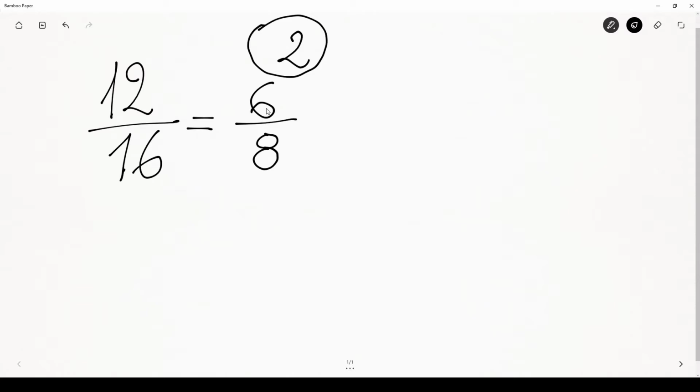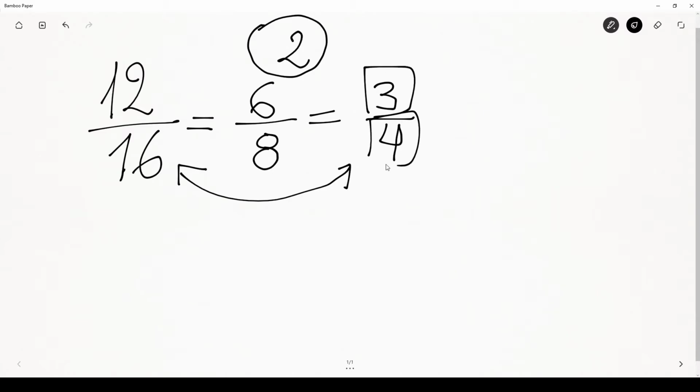This 6 is also divisible by 2, and this 8 is also divisible by 2. So we can perform the same action. 6 divided by 2 is 3, and 8 divided by 2 is 4. So this is equal to 3/4. This can't be more simplified. There isn't a number which can divide 3 and 4 at the same time.